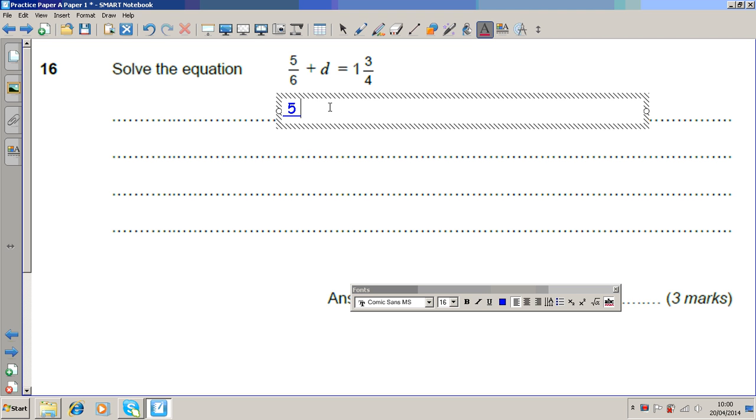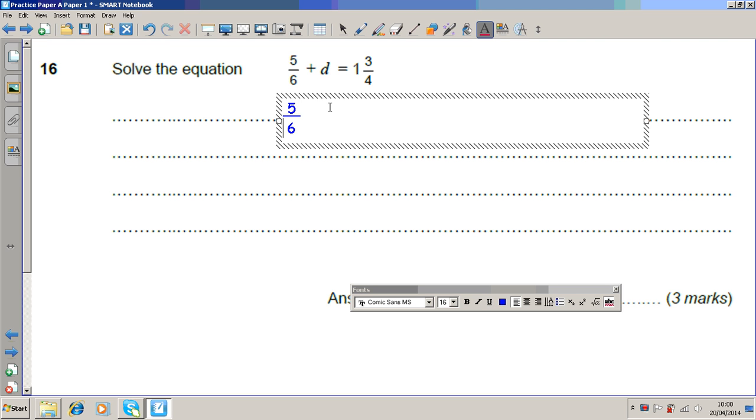So, for example, there's 5/6 and d. I know 1 3/4, we'll get that into over a quarter. So to do that, we do 1 times 4 is 4, and add on 3 is 7.